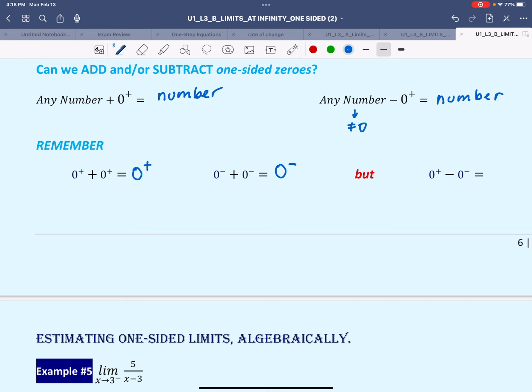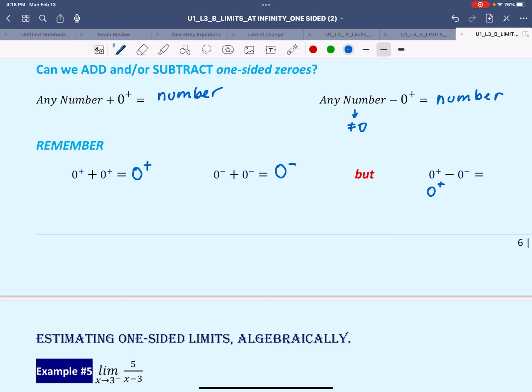But when it comes to subtracting zeros, so for example, 0 plus minus a 0 minus, or even 0 plus minus 0 plus, right? Or 0 minus minus 0 minus. Okay, so all these operations are impossible to estimate.